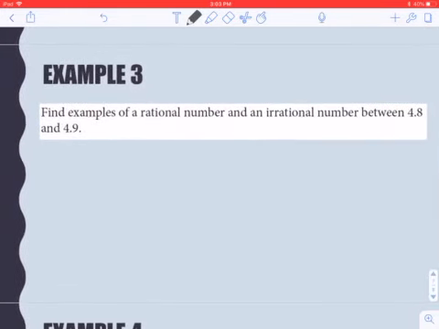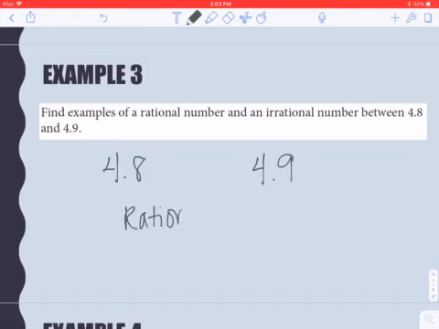Example 3, find examples of a rational number and an irrational number between 4.8 and 4.9. Between 4.8 and 4.9, if I want it rational, I could just do 4.85. That's right in between. For irrational, I would want a number that doesn't terminate and doesn't repeat. And I could sit here and try to find a square root that goes in between, something that's bigger than 16. What if I did the square root of 17?